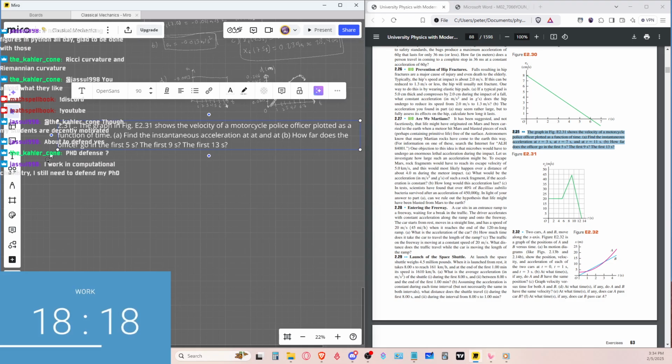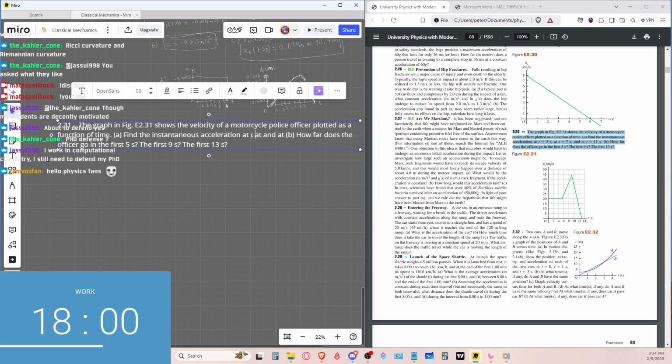Hopefully it got all the numbers. I don't think it got all the numbers though. Okay, a graph shows the velocity of the motorcycle officer plotted as a time function. Find the instantaneous... Yep, it didn't copy the numbers. Like always, I have to type them in by hand. 3 seconds.